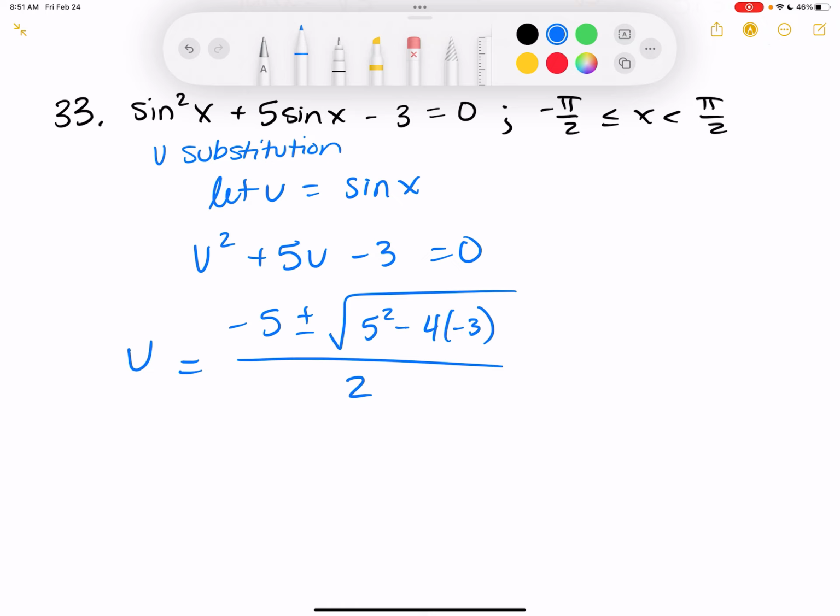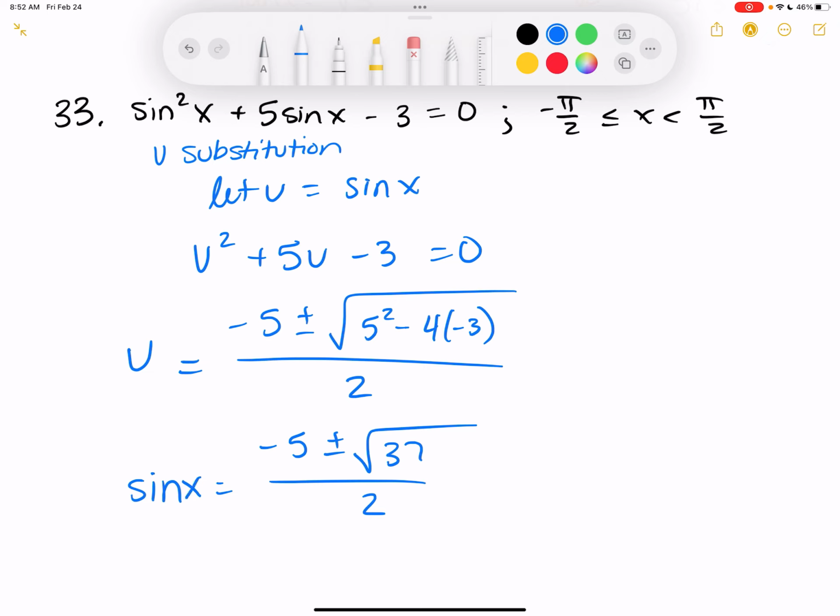So this is going to be -5 plus or minus the square root of, well, 25 plus 12, so 37, over 2. So basically, you're going to end up solving this out. We're probably just going to be content to replace U with sine of x and call that the answer.